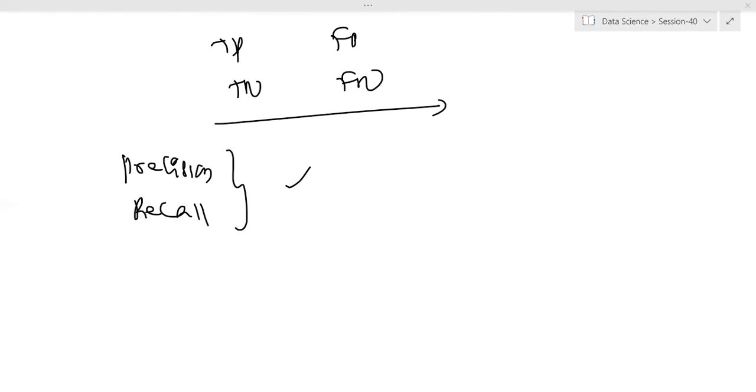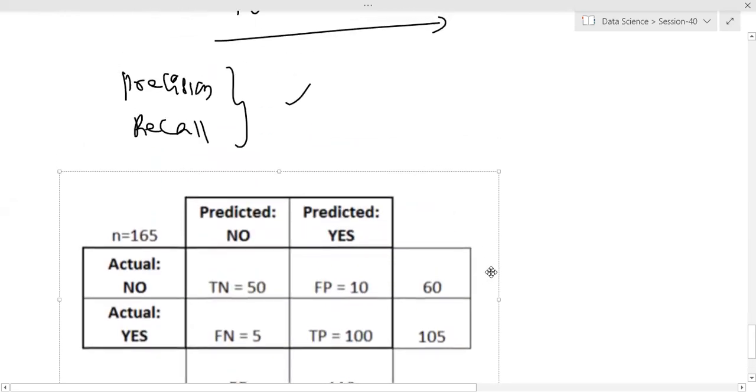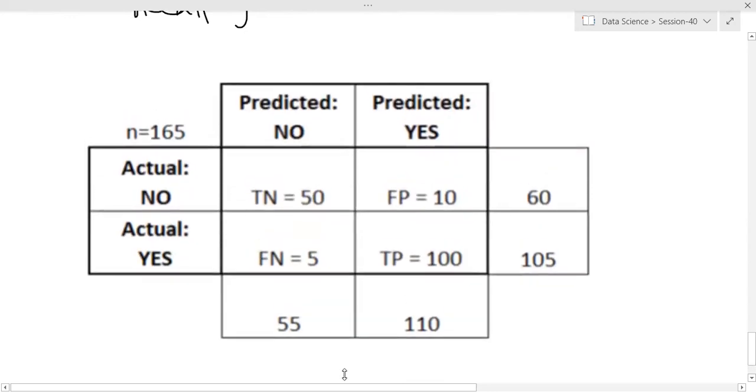So let me paste some kind of diagram so that you can easily reconnect. This I have used in the session in the explanation of the confusion matrix. You can have a look on this.